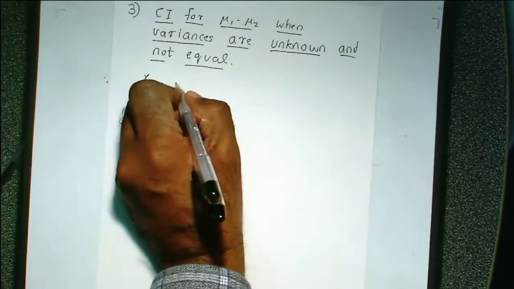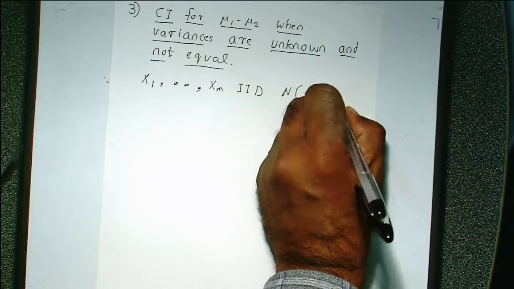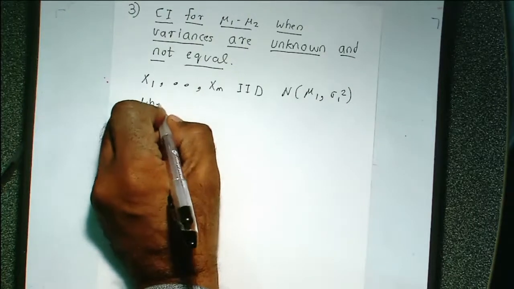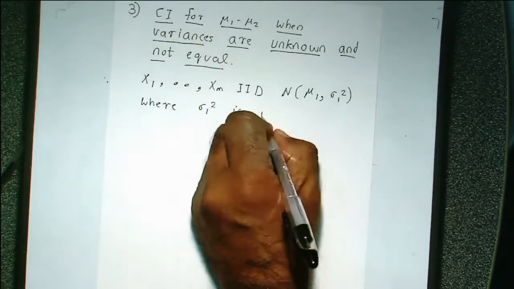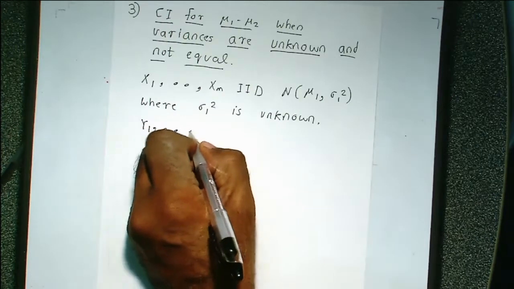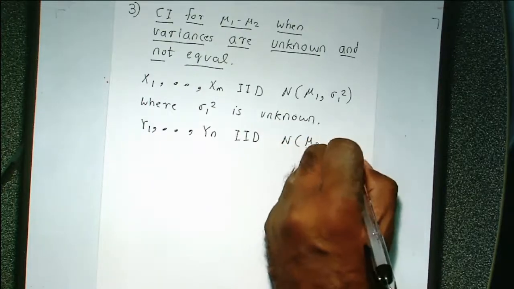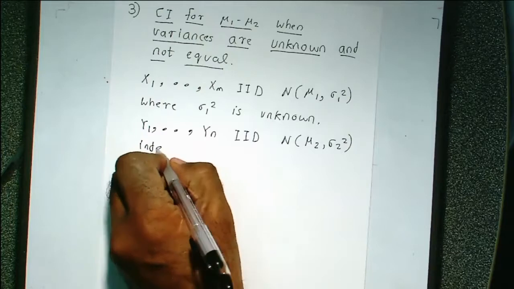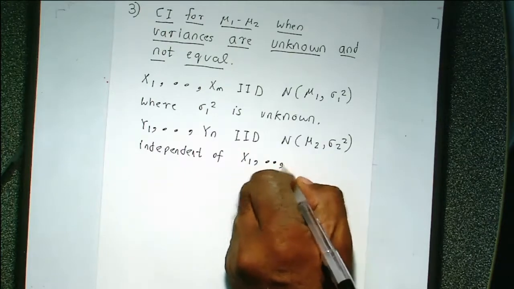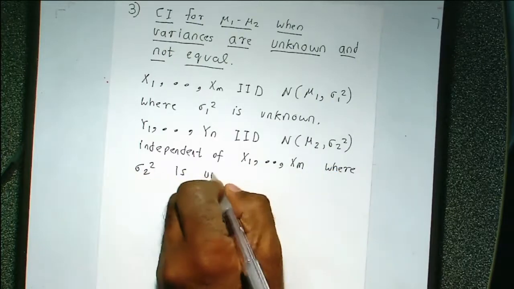You have a first sample, IID, right, and okay, and you have a second sample, IID, yeah, right?